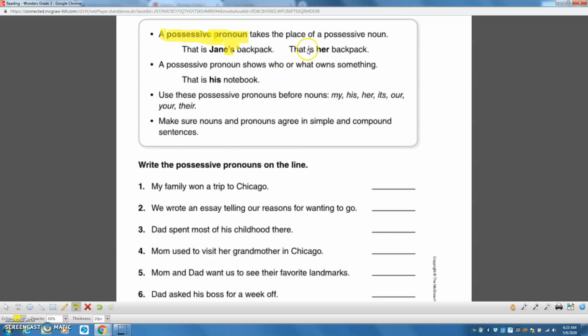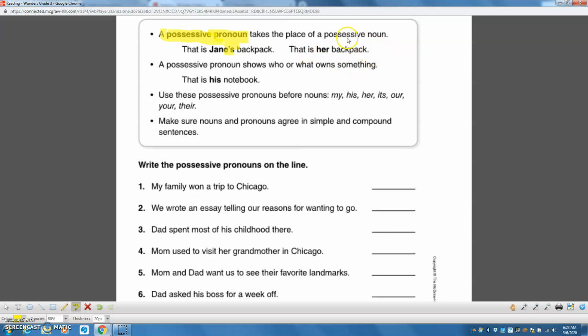So when we look at this sentence using a pronoun, the pronoun that we're going to use that replaces Jane is her. So far we've replaced Jane with she, the pronoun she. But in order to show possessive, we have to use her. So now we can say that that is her backpack.